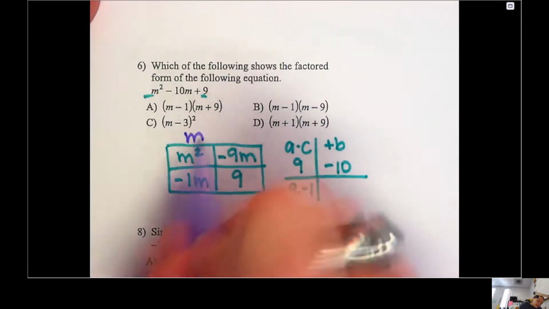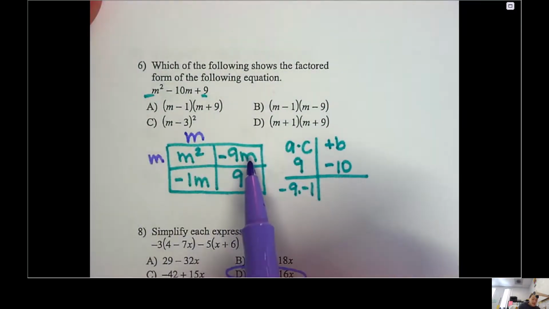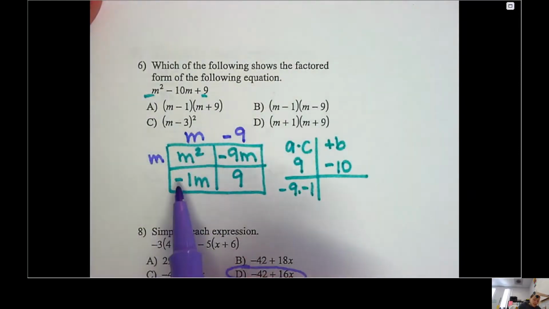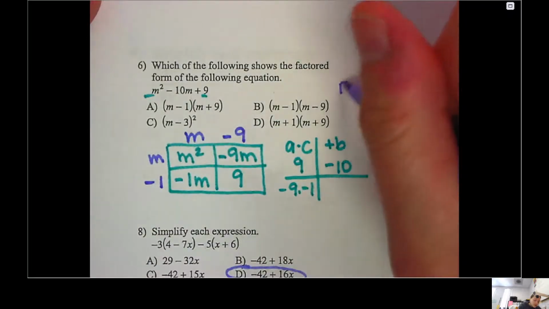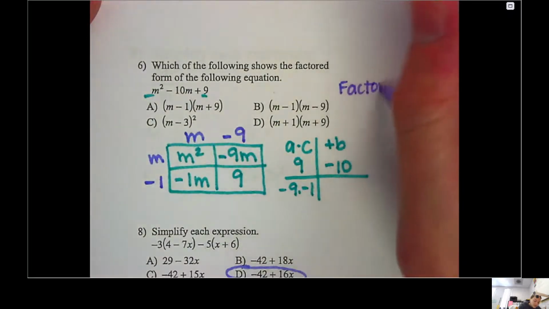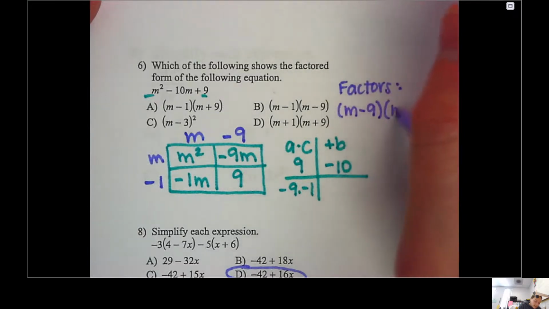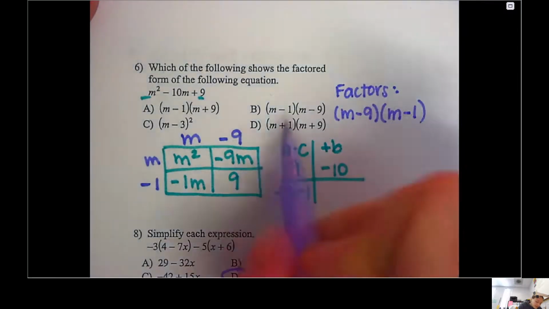So m times m is m squared. M times what gives me -9m? That would be -9. And m times what gives me -1? That would be a -1. So my factors are m minus 9 and m minus 1. So I'm going to come find that. That looks like letter B.